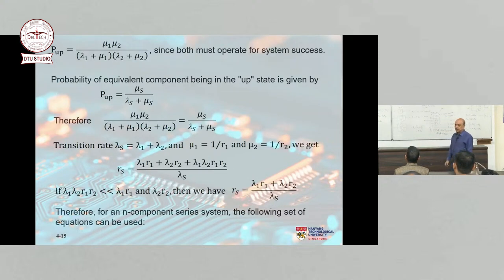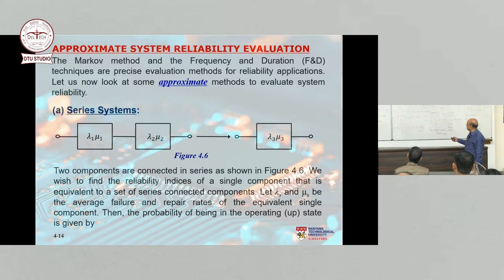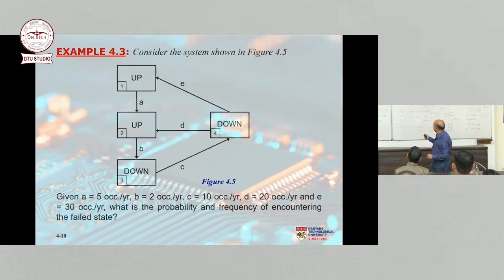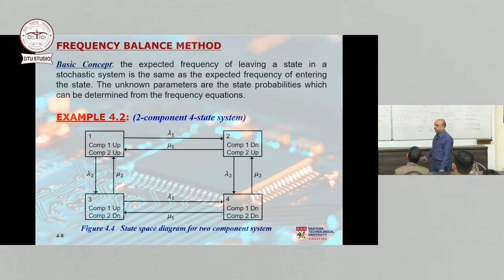So let's just look at some of the basic equations. The probability of being in the up state, that means the system is operating. So if we go back to this diagram here, both of them are in series. You remember the 4-state model, let's go back there, maybe easier. Yeah, this model, we have two components.